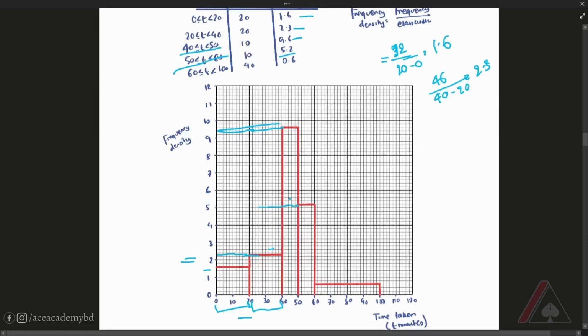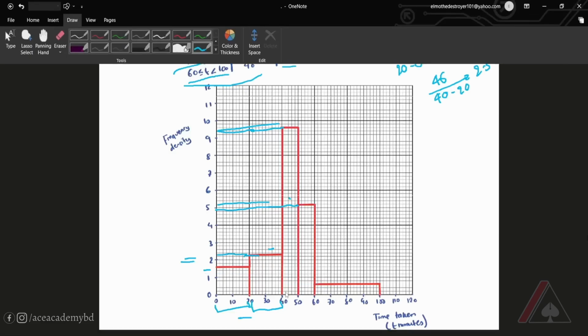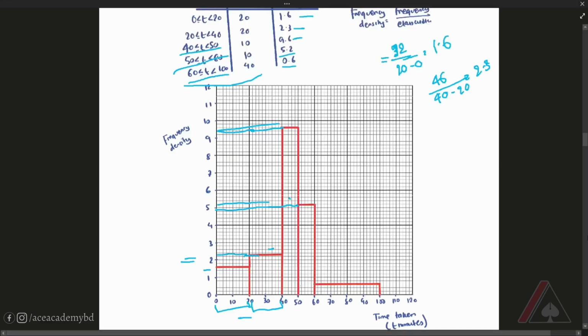So 5.2 right there. And for 60 to 100, we have 0.6. So the graph here corresponds to 0.6 right here.